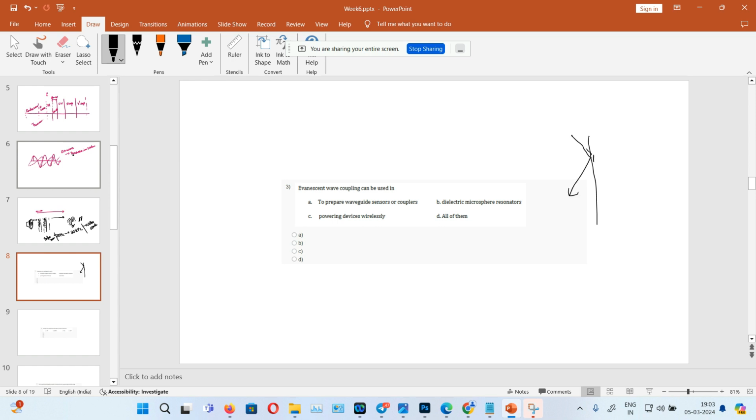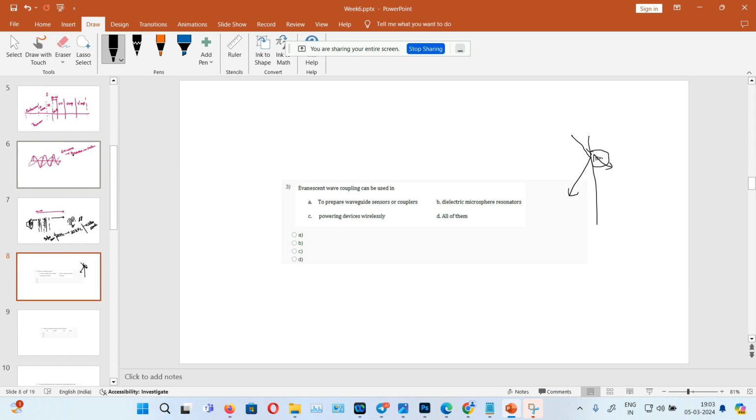There will be a small field very near that interface which decays exponentially. These are very useful when there are boundaries, and now we can say they can be used to prepare waveguide sensor couplers.